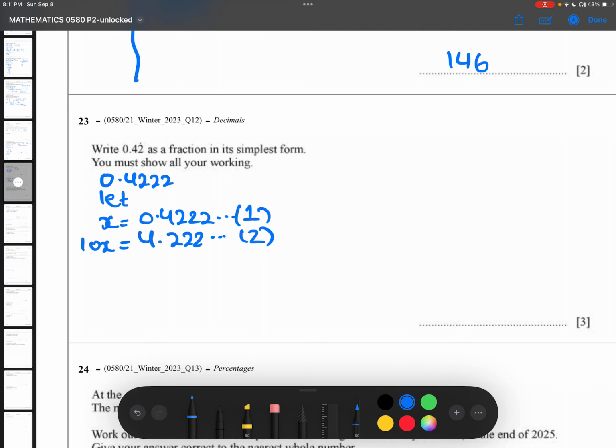So now if I subtract equation 1 from equation 2, I will get 10x minus x is 9x, is equal to, we have to subtract 0.4222 from 4.2222. So let's write these numbers one under the other.